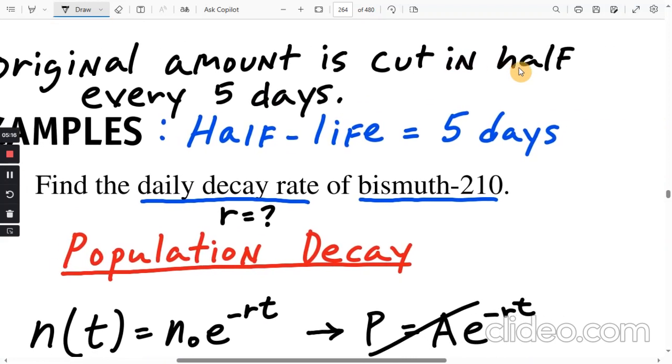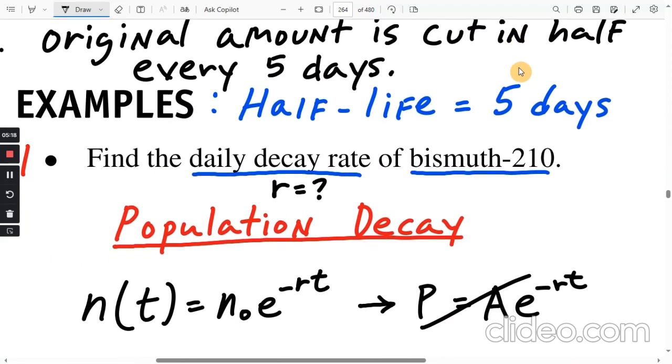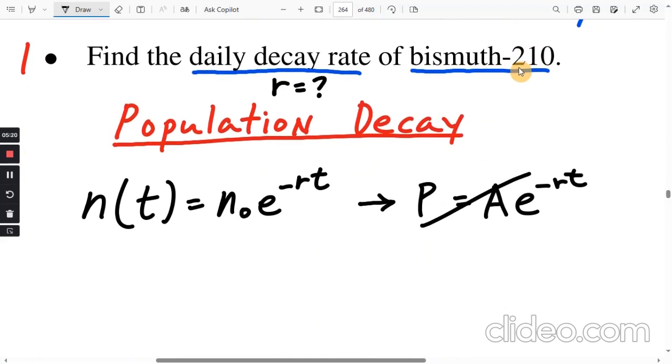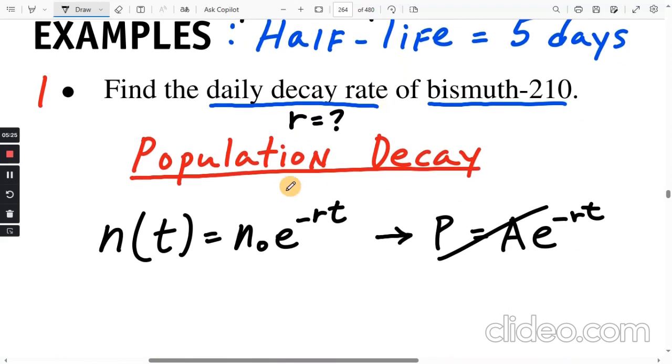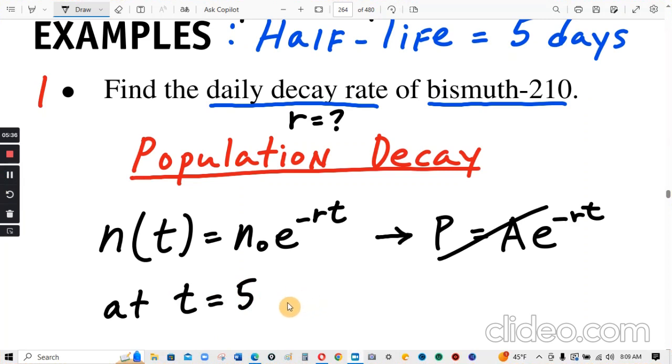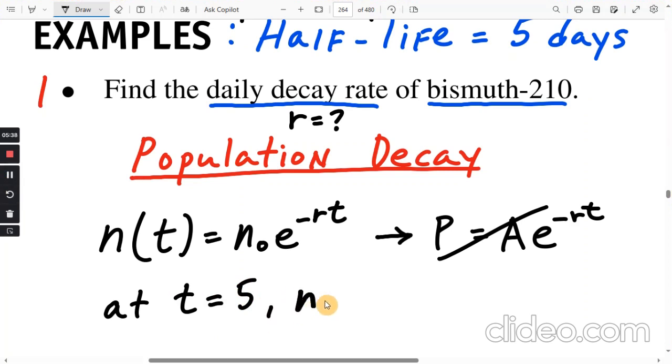If the original amount is cut in half every 5 days, we can say that at t equals 5, N of t equals half of N sub 0.